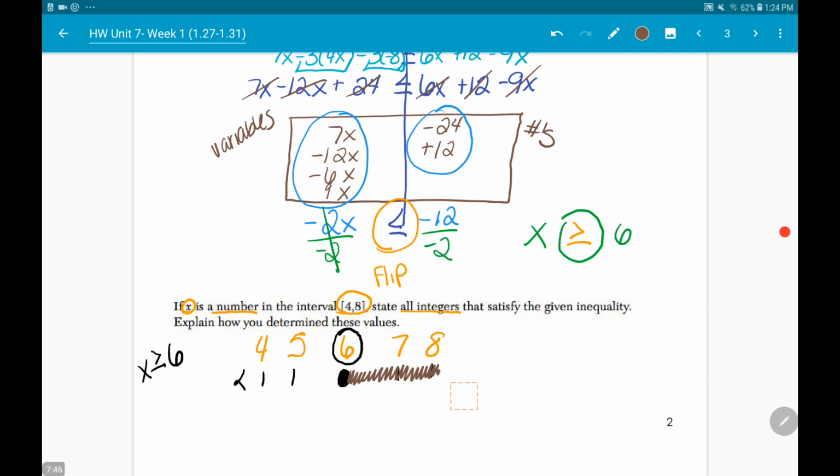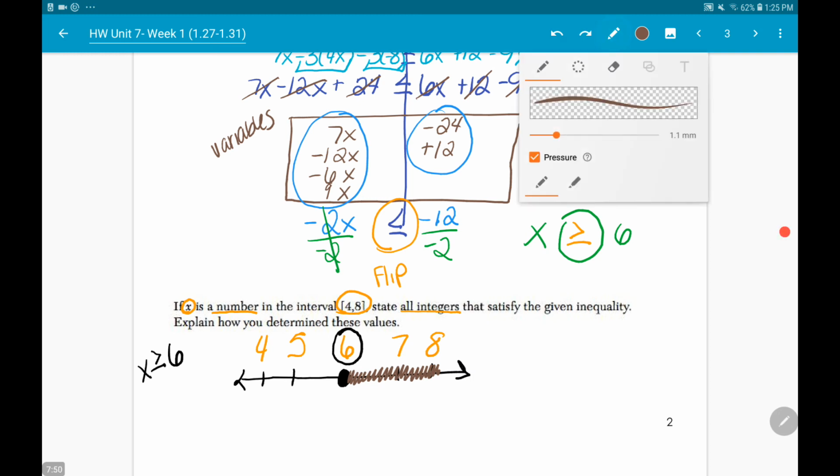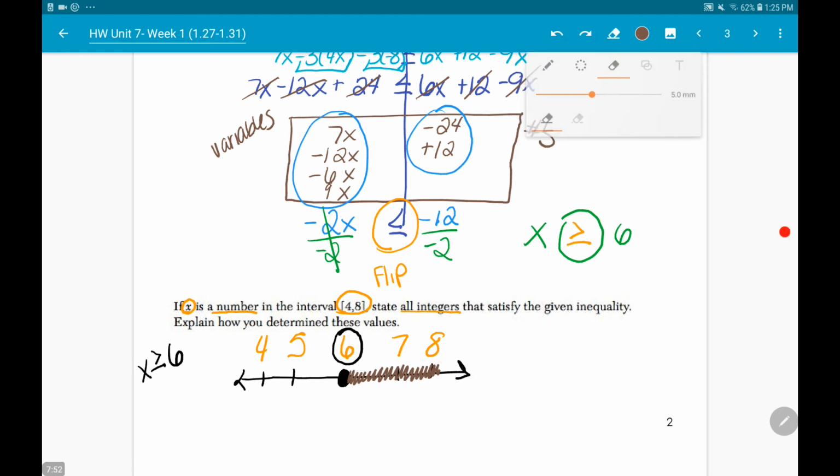I should actually take the arrows off of this because we are only going from 4 to 8. Oh, sorry guys. This should be a bracket here, because this is where we're stopping on this side and this is where we're stopping on this side. No arrows, we are not continuing.